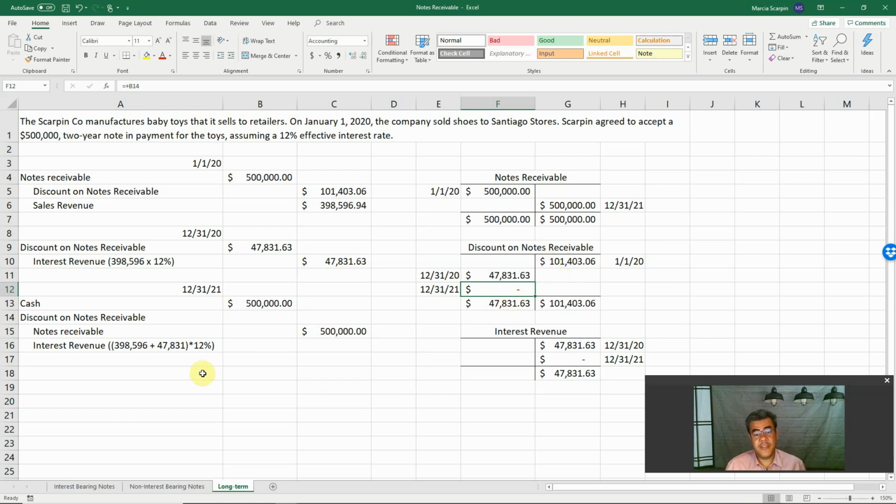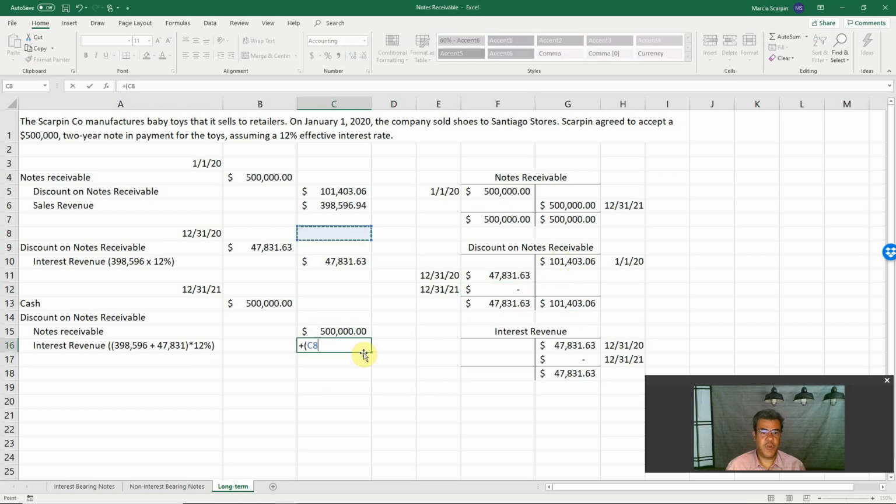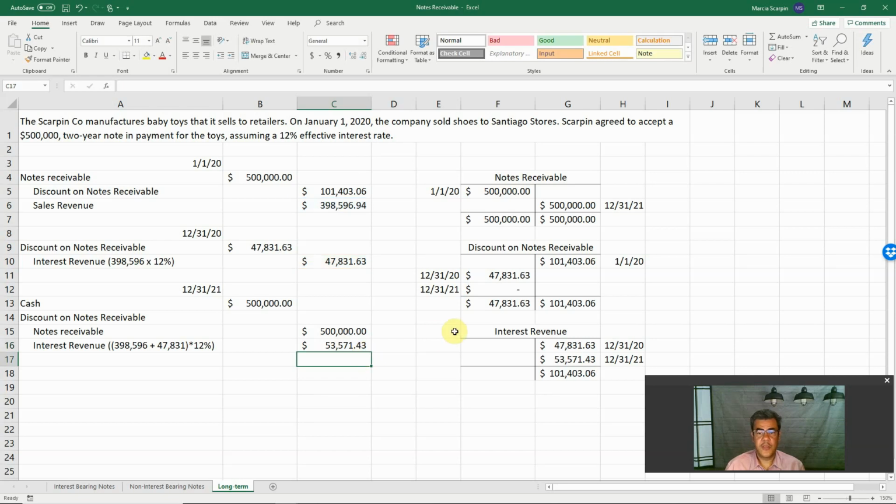So the number here is the number to close it, or let's calculate it. How do we calculate it? 398 plus 47 times 12%. So it is 53 here, and then the discount is 53 here, and it is right. Our discount is balanced.